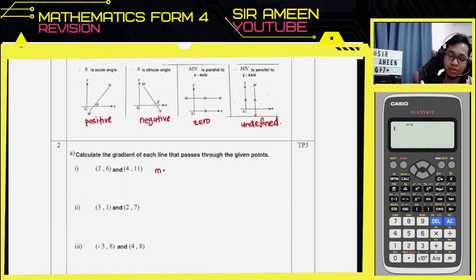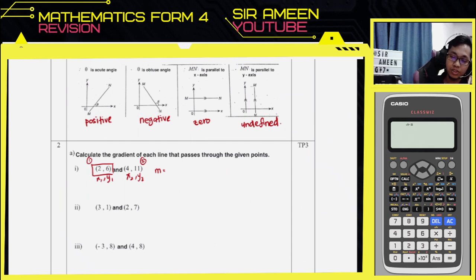So make sure that for a point, this is one point. If this is the first point and this is the second point, the labels would be x1, y1 and x2, y2. So don't mix it up. The first point should be x1, y1. The second point should be x2, y2.